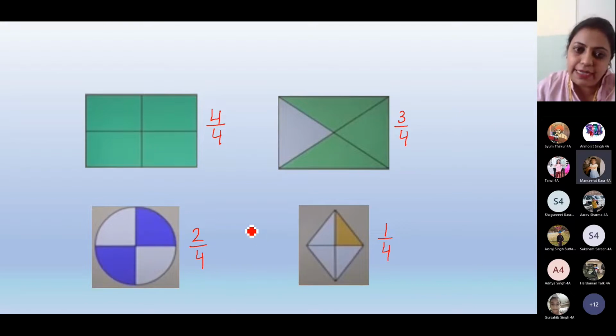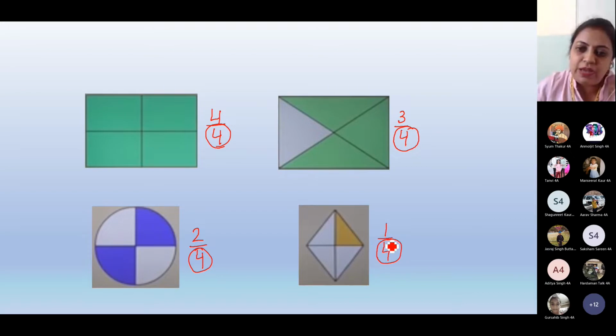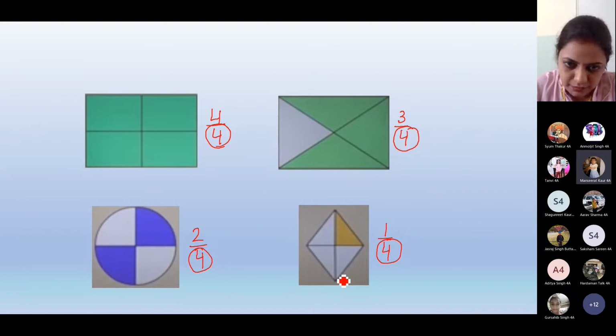Is there anything same in these fractions? No, ma'am. If I circle these denominators, so what you have observed? Tell me, what you have observed. Denominators are same, but numerator is not same.